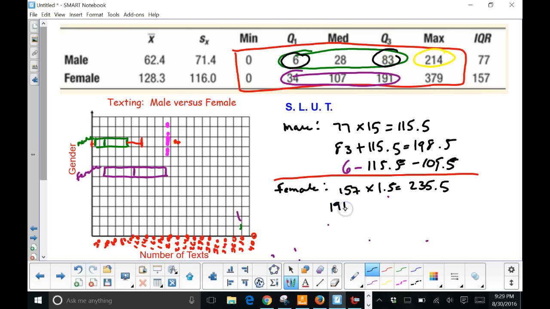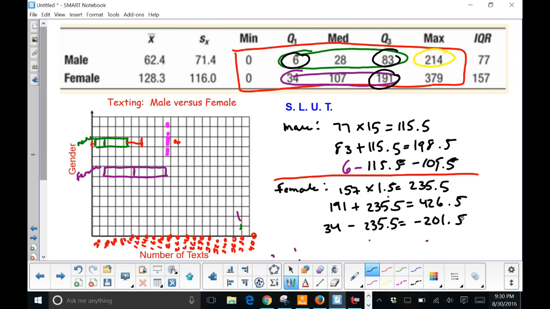We're going to add that to the upper quartile, which was 191, which gives us 426.5. And we're going to subtract that from the lower quartile, which gives us negative 201.5.